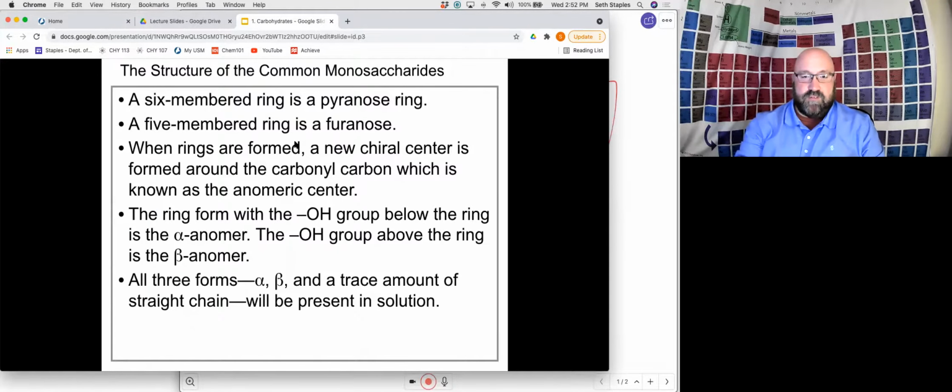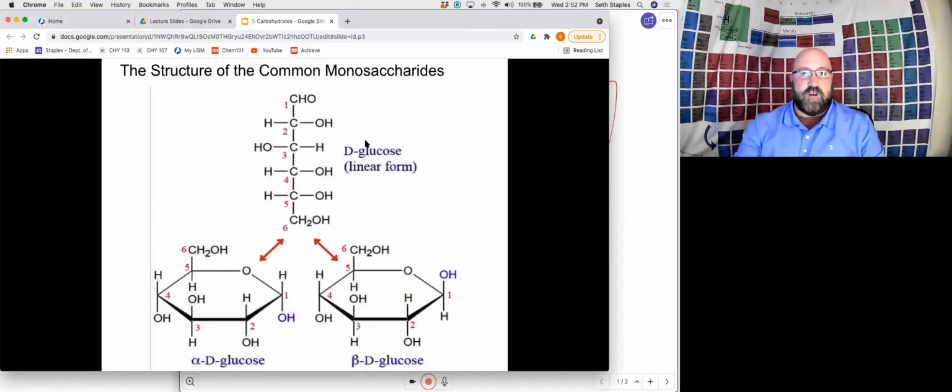And again, we can see a nice depiction of that here. Here's our Fischer projection again of glucose. So remember that this OH right here ends up forming a bond to this carbon. So here's our new bond that's formed. So here's our anomeric carbon. And we can see here that at the anomeric carbon, our OH group is below the ring.